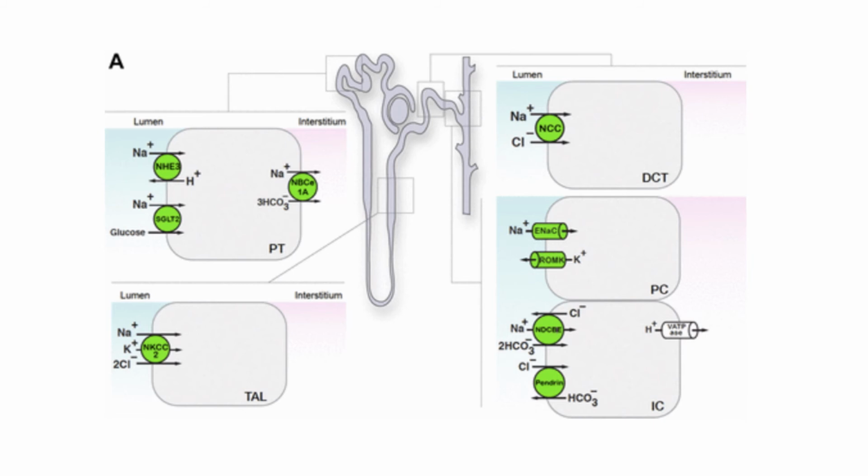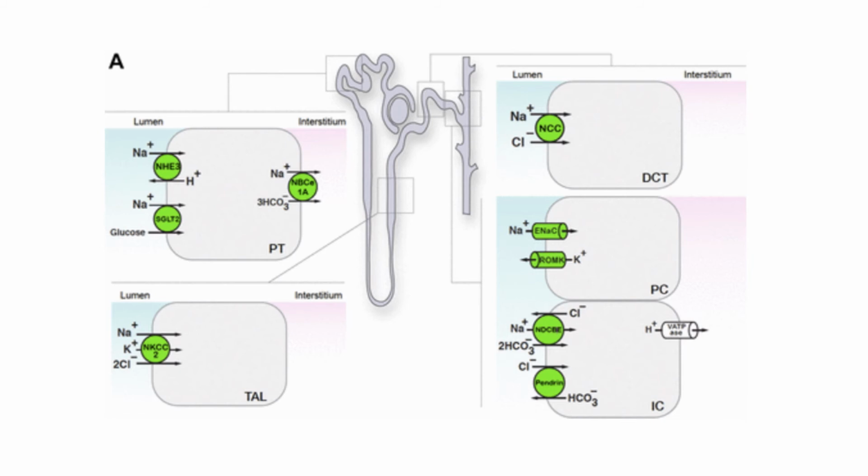In the thin segment of the ascending limb, there is passive movement of NaCl. Okay, sodium is reabsorbed passively. The thin descending limb is impermeable to sodium. This portion is impermeable to water, but it absorbs NaCl passively.